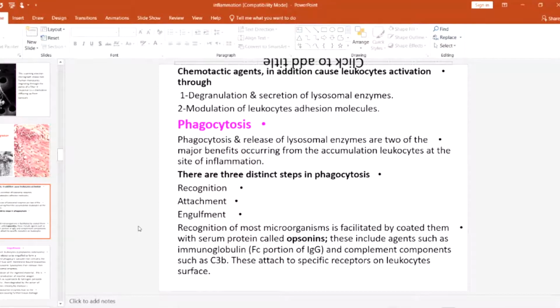Phagocytosis and release of the lysosomal enzyme is one of the most important benefits of the leukocytes during inflammation. Phagocytosis is an important step to get rid of, to kill, the foreign body, the microorganism, and an example here is the bacteria.